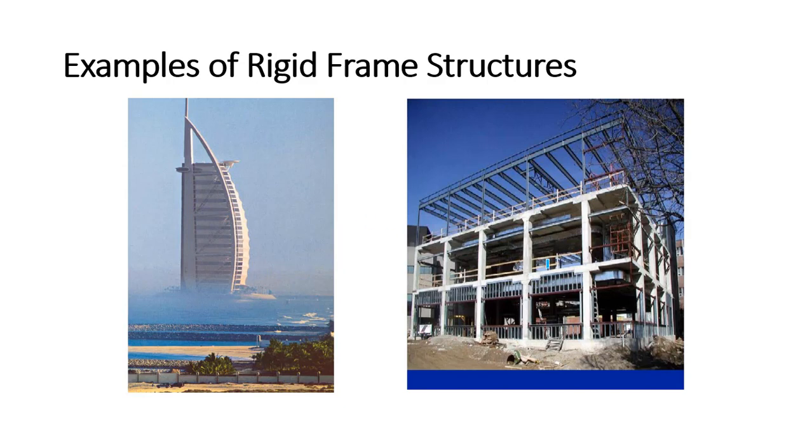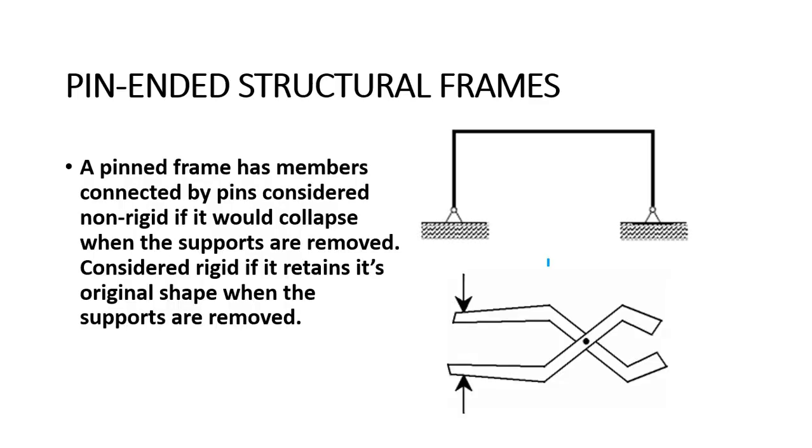So this is another frame structure: pin-ended. Pin-ended has members connected by pins. So this is what it means by pins. But when you take off these pins, it is still the same structure.